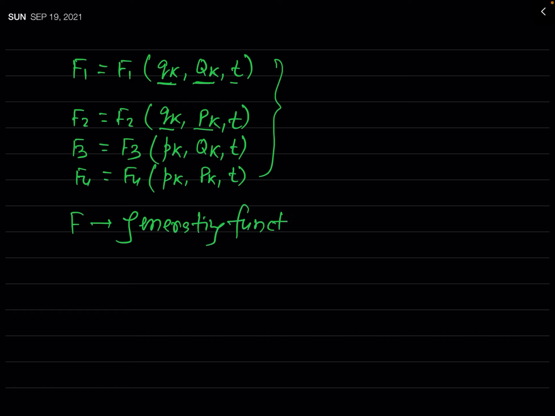And this generating function has actually 4 forms, and how we will select the independent variables in expressing the different forms: you have to consider one variable from the old set and another variable from the new set, and this time coordinate will remain as is in every form.